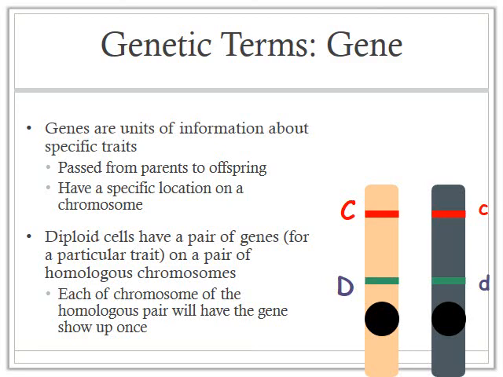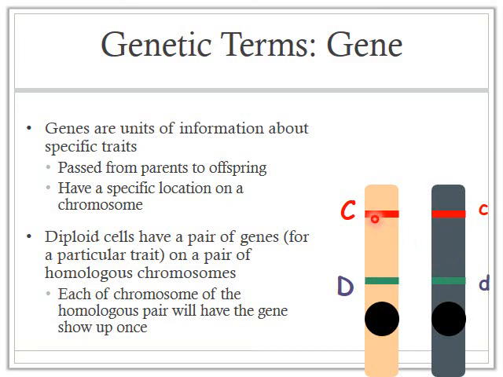Each of these genes has a specific location on a chromosome. And so a particular gene, let's say off to the right here, we've got gene C and gene D. Well, on the homologous pair of chromosomes, you find gene C in the same location. You find gene D in the same location.